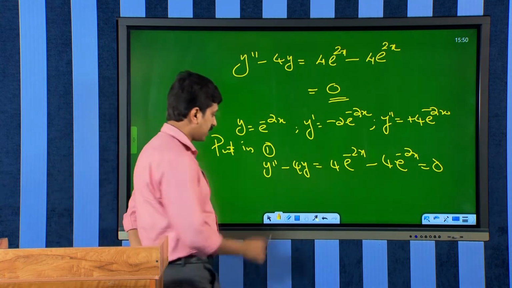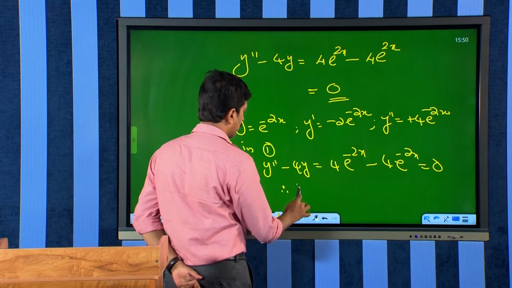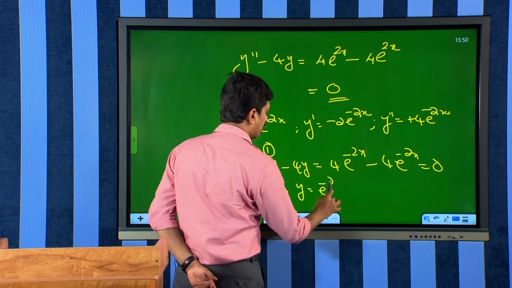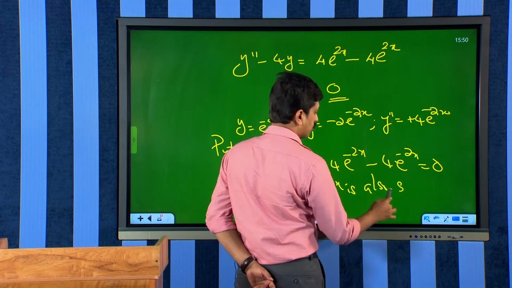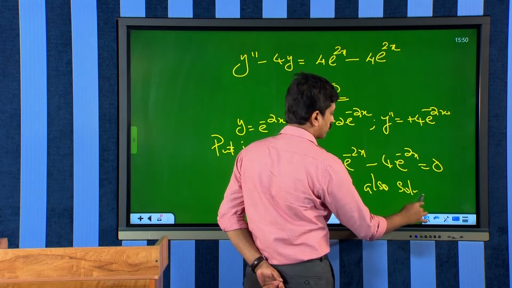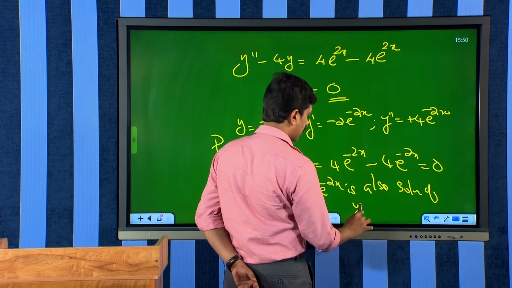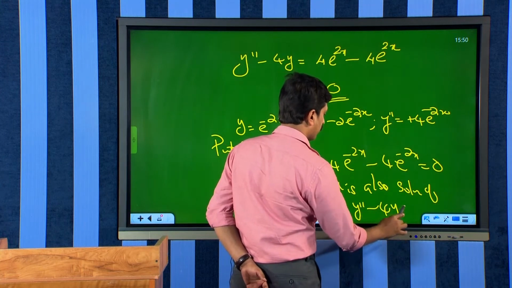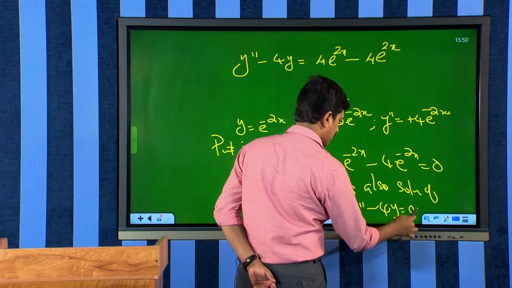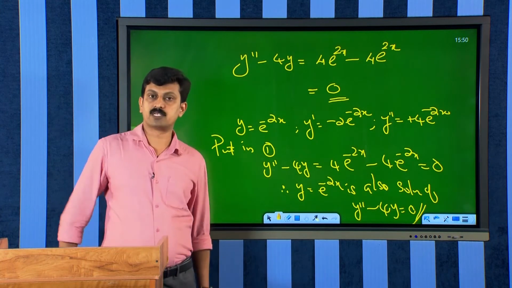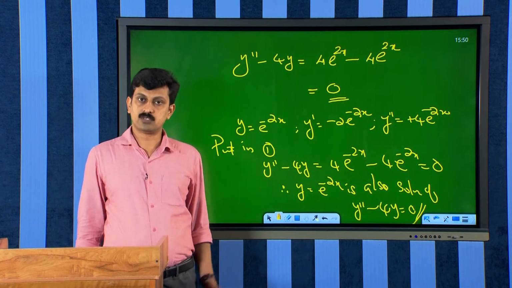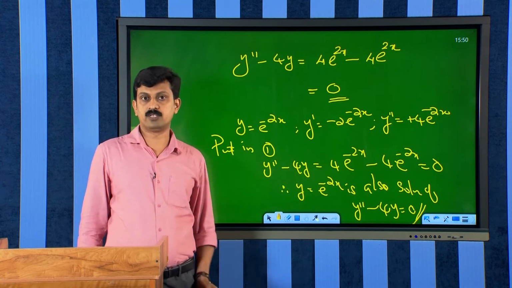Therefore we can say that y is equal to e raised to minus 2x is also a solution of y double dash minus 4y equal to 0. So they both are solutions of y double dash minus 4y is equal to 0, a linear homogeneous equation.